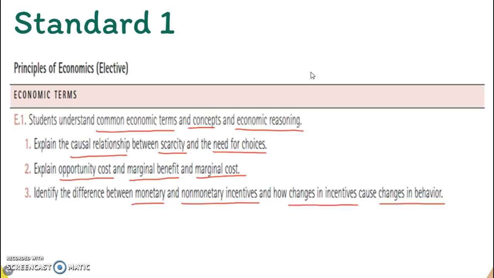But the key point here in E1 is it's the economic reasoning. And I think that's the big idea that you're going to have to get across to the students, is how people think about economics on a day-to-day basis. And again, this is really vital. If you can get this part of the course right, everything should go smoothly after that.